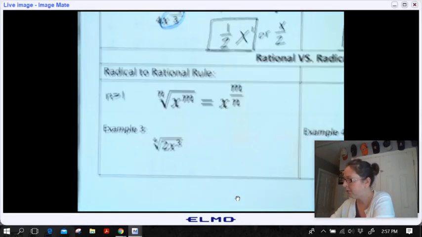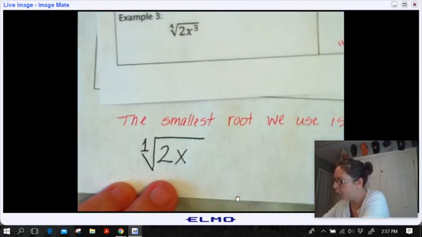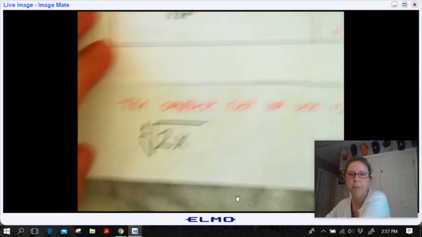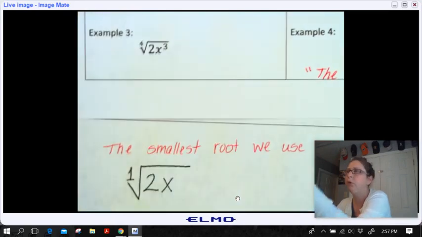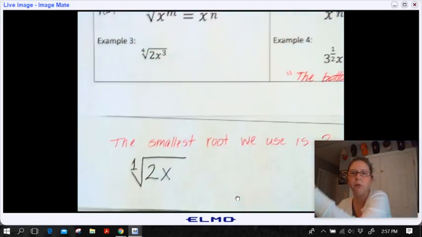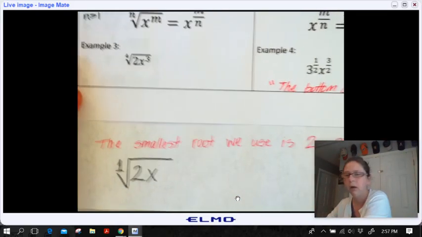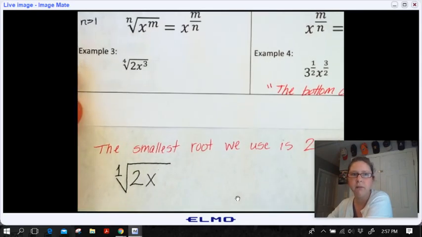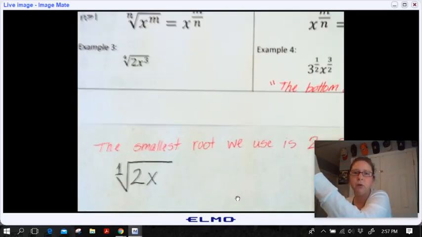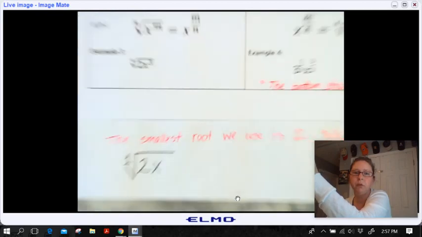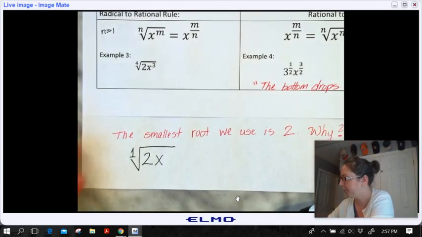On the back side of my paper, I've got a little bit of room at the bottom, and I used this space to write our explanation of why the smallest n value is always going to be 2. It's got to be greater than 1.